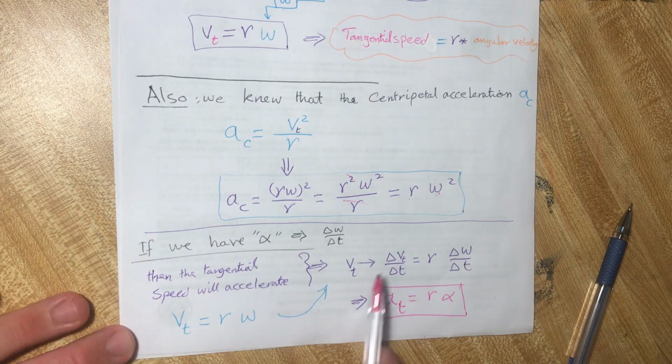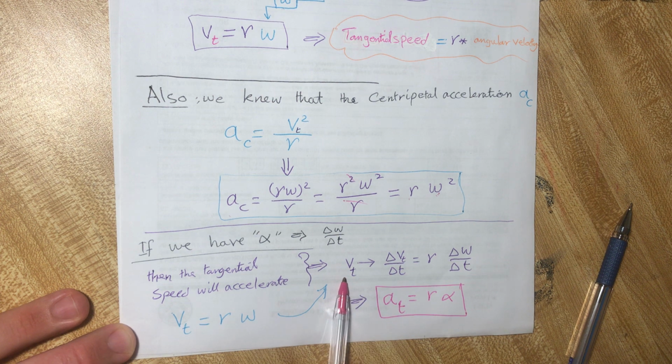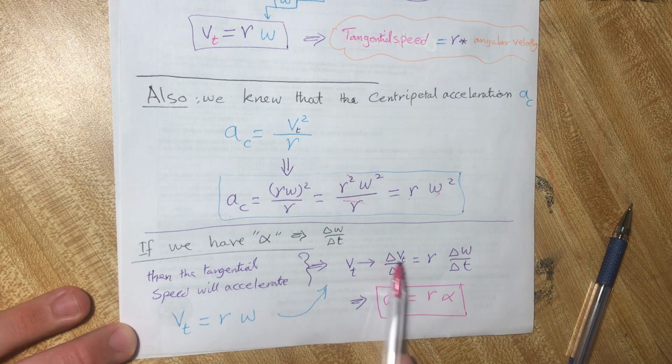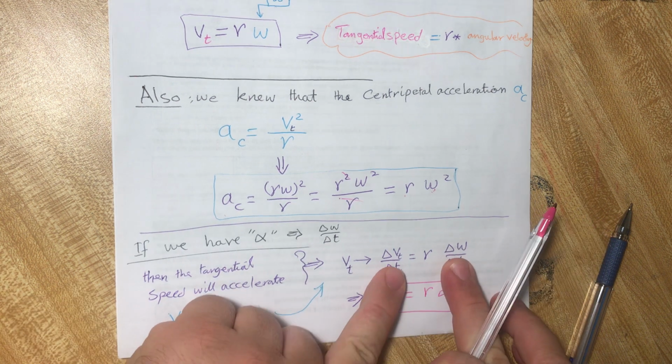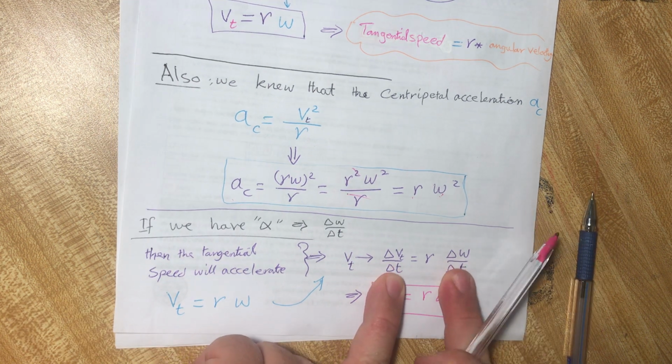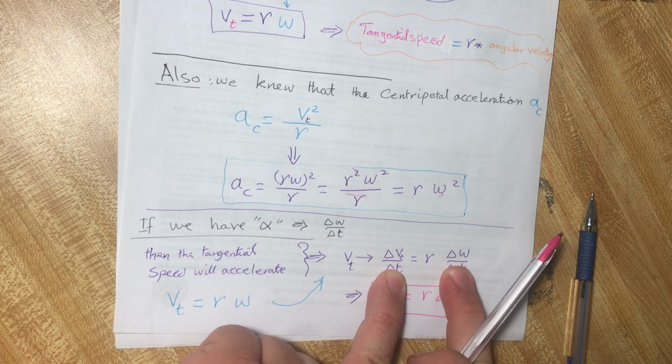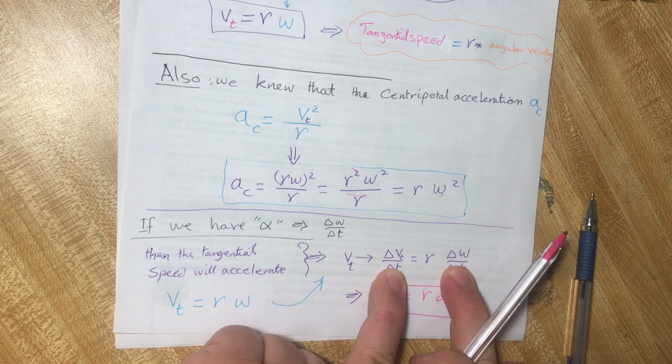So v tangential will change with respect to time. v tangential is equal to r multiplied by omega, so any change in v tangential is equal to r multiplied by the change in omega.